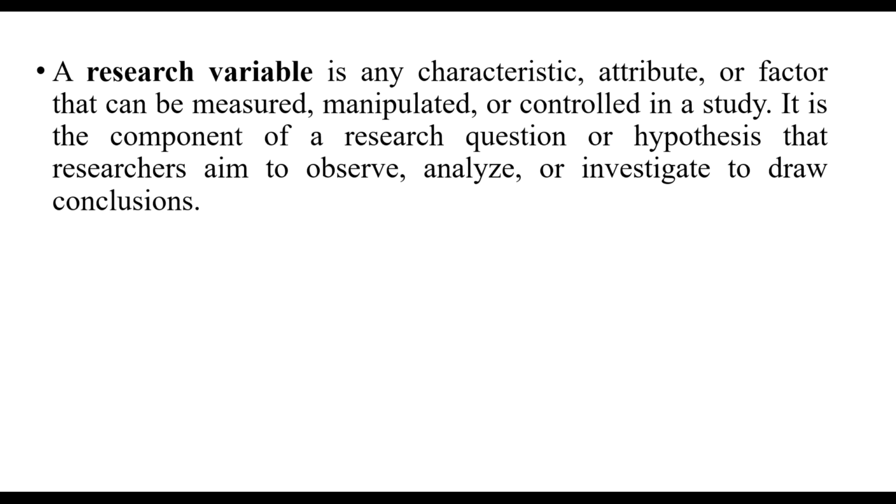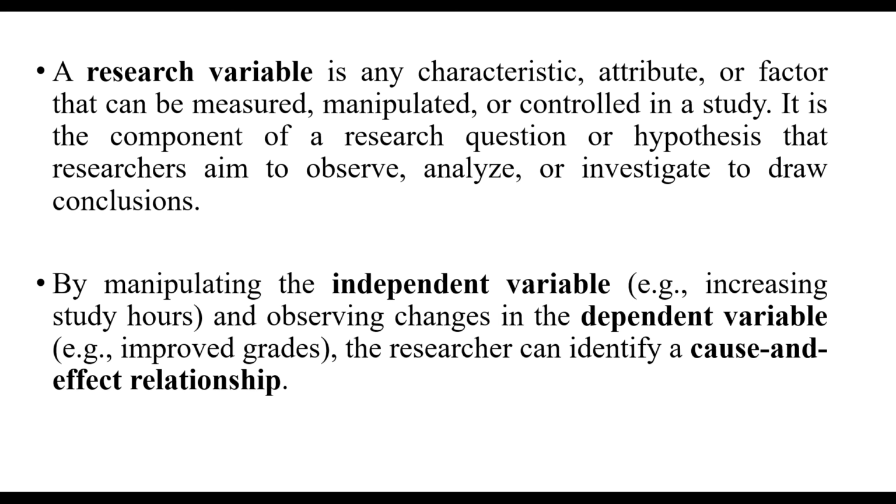So, for example, you can see that by manipulating the independent variable, example, increasing students' hours, and observing changes in the dependent variable like improving grades, the researcher or yourself can identify a cause and effect relationship.